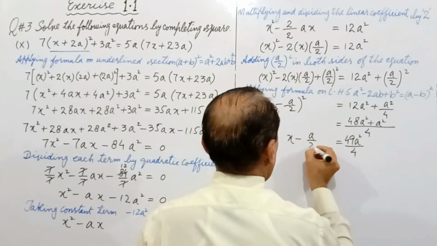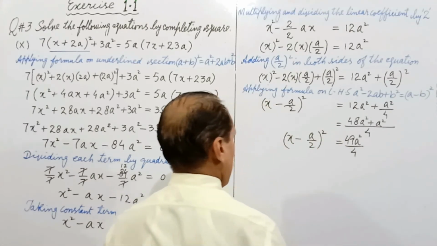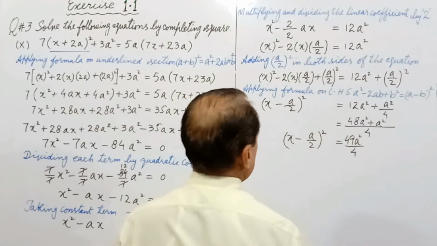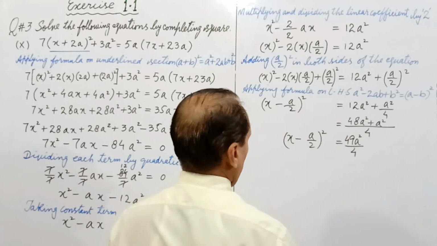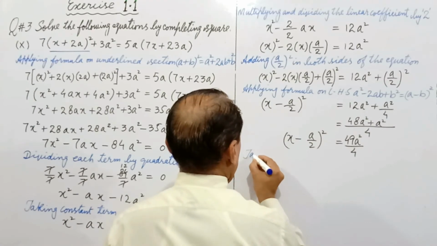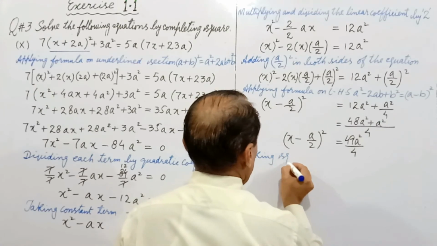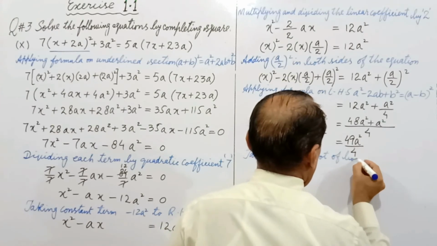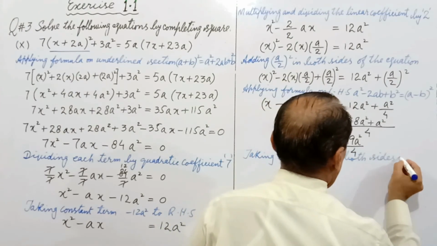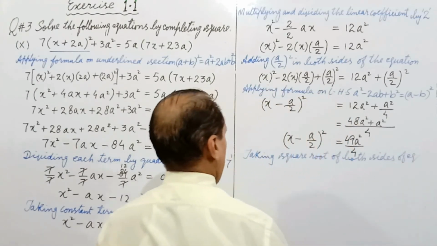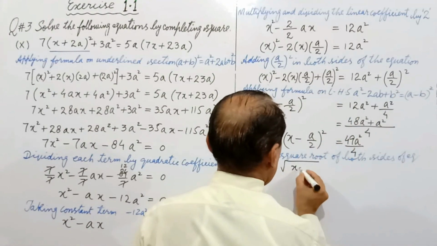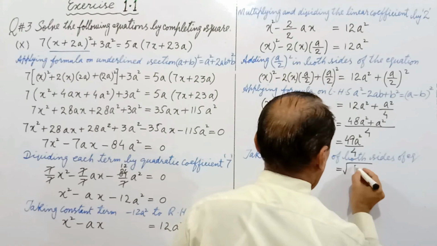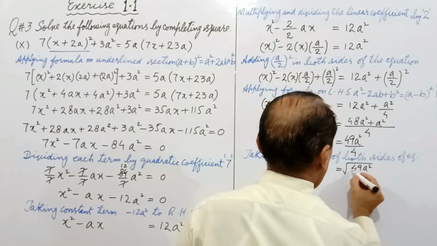x minus a over 2 whole square is carried in that step. As we have to find out the value of x, we have to remove the square. Applying the inverse action of the square, we take the square root of both sides. Taking the square root of both sides of the equation, we have the square root of x minus a over 2 whole square is equal to the square root of 49a square over 4.